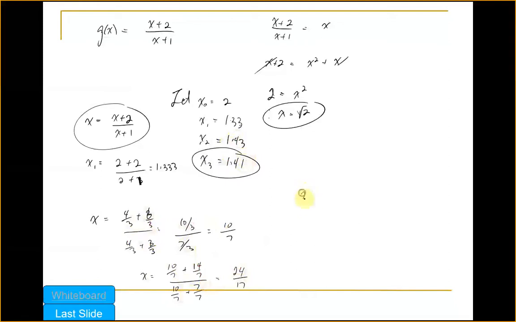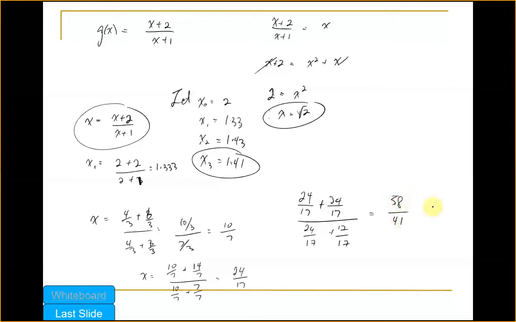So it would be 24/17 plus 34/17 over 24/17 plus 17/17 equal 58 over 41.